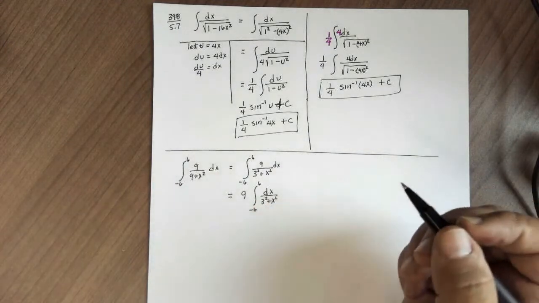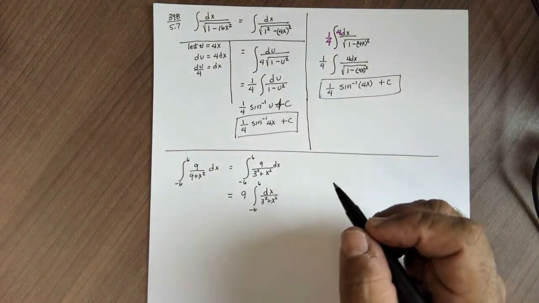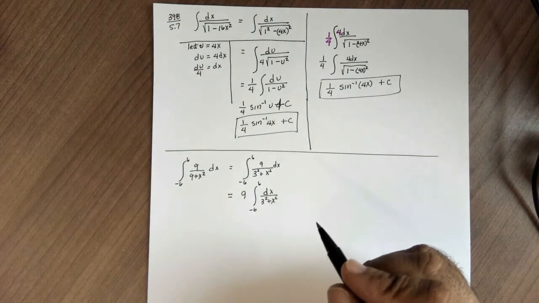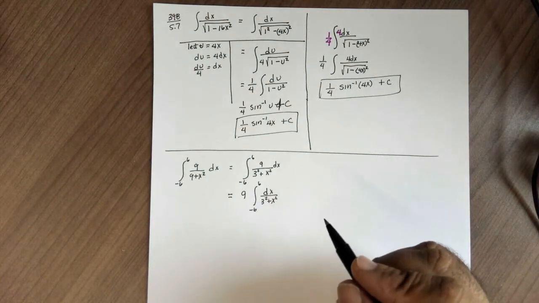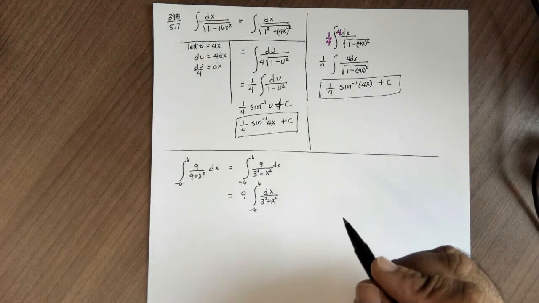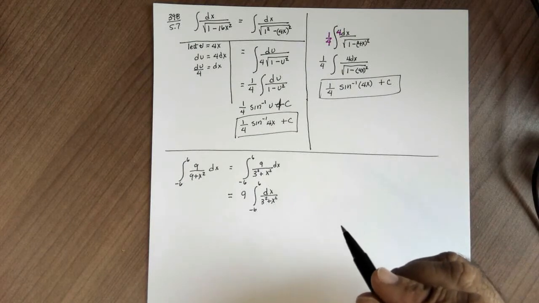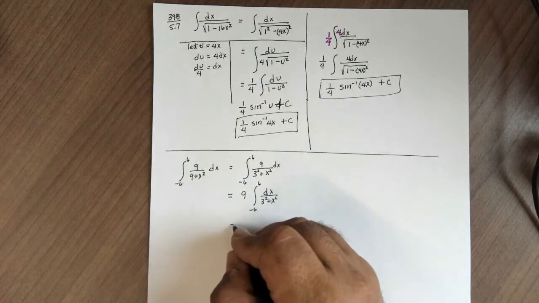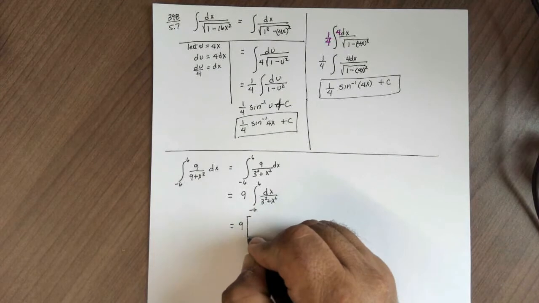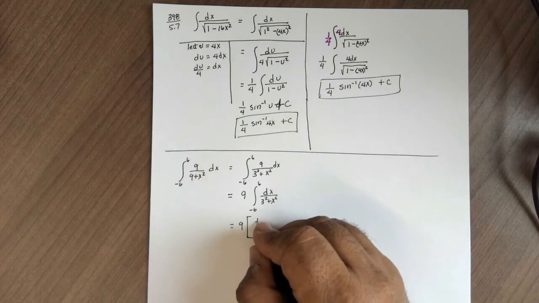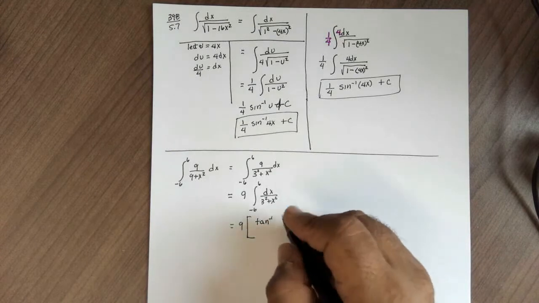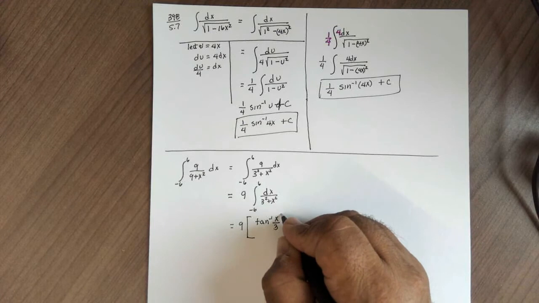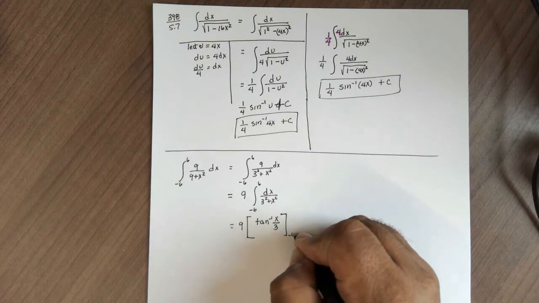Here we have x, we don't have 4x, we don't have a function of x, so dx suffices up there. And the formula that it looks like is the third formula. So what we end up with in this case is 9 outside still, and inside we're going to have the tangent inverse of x over 3, from minus 6 to 6.